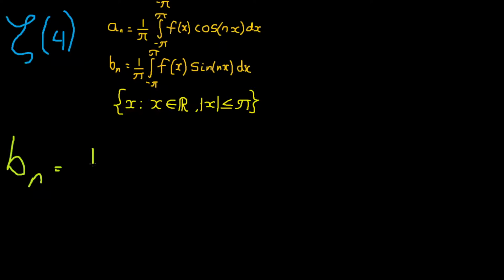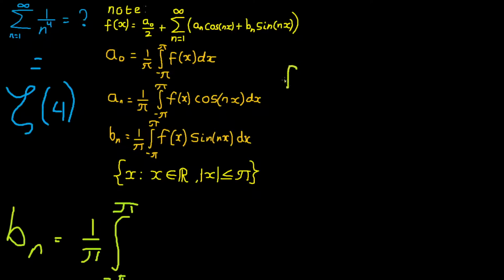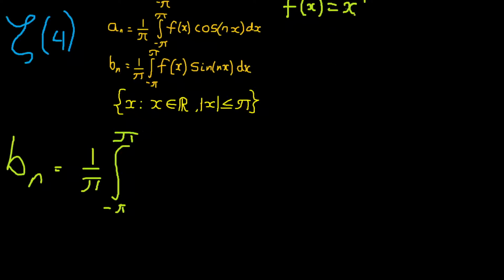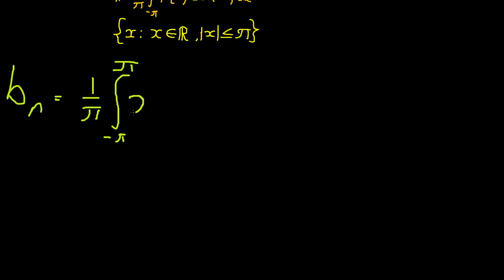Bn is equal to 1 over pi times the integral from negative pi to pi of, and I should mention when we're considering the function, f of x is equal to x to the fourth, and I'll make clear in a while why we're considering this function, but just take it for granted this is the function we're studying so far.